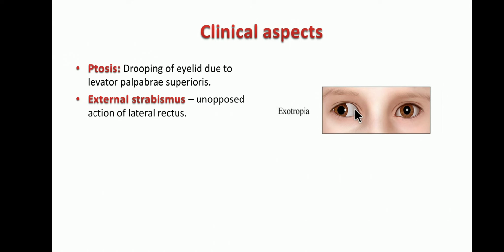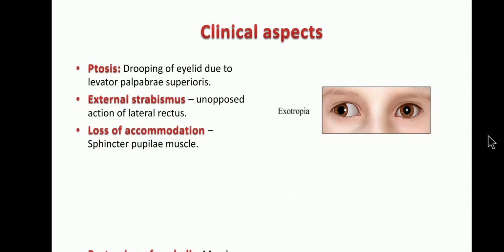The eyeball is actually deviated laterally. Then loss of accommodation because of the sphincter pupillae muscle. So your eye should accommodate to bright light mainly through the sphincter pupillae muscle, and to dim light through the dilator pupillae muscle, which is actually supplied by the sympathetic fibers. So if the oculomotor nerve is damaged, there will be loss of accommodation.